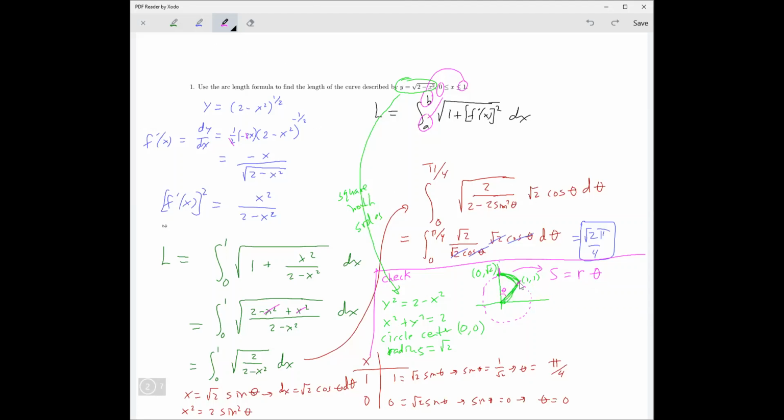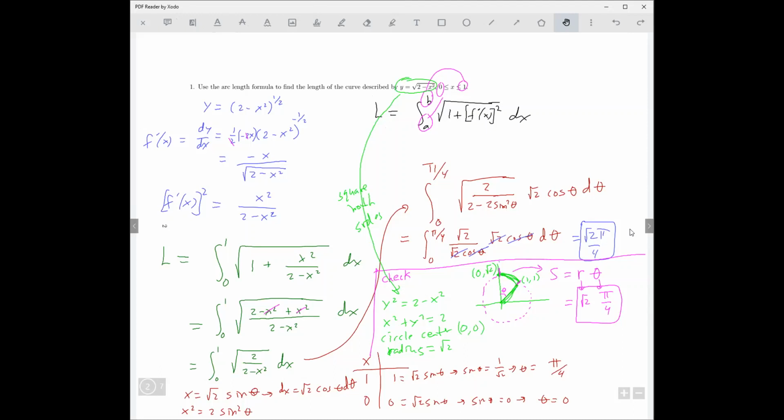Okay, and this angle is pi over 4. The radius is root 2. Okay, and so we get the same answer as here. So that's kind of verifying it. And it would have been much easier to do this, of course. But then we wouldn't be using this glorious formula. Oh, well.